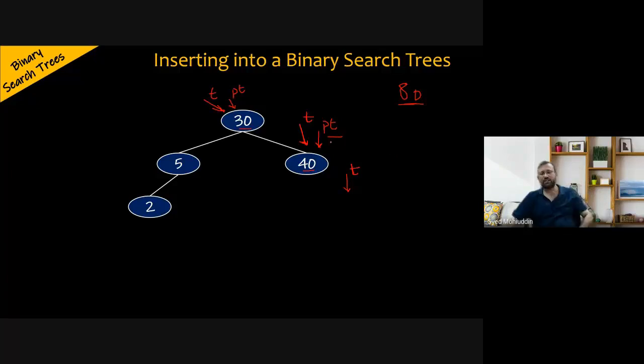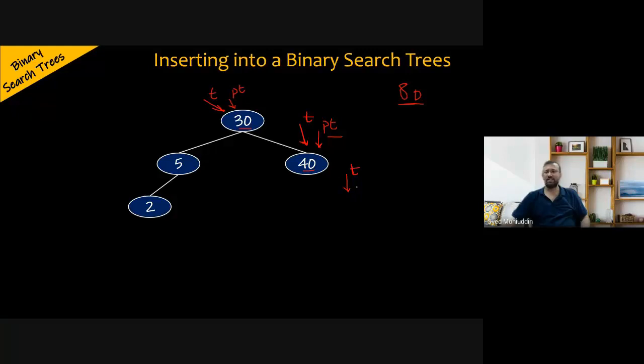Then once we find this position outside the loop, because the loop is used to traverse to the last level of the tree, outside the loop we check if 80 is less than 40. If it is less, it will be the left child. If the element we are trying to insert, that is 80, is greater than 40, then it will be the right child.